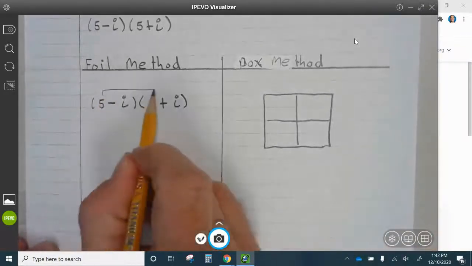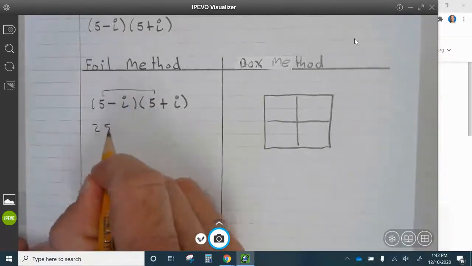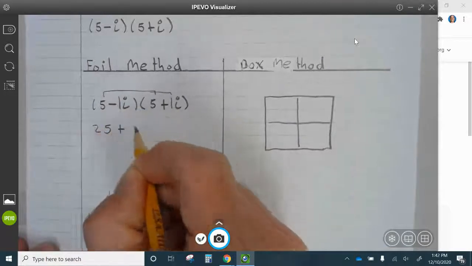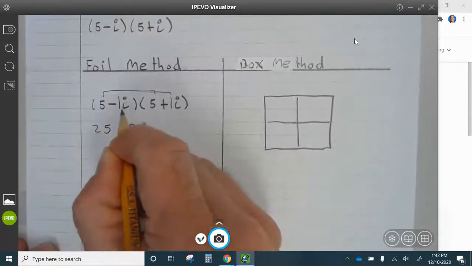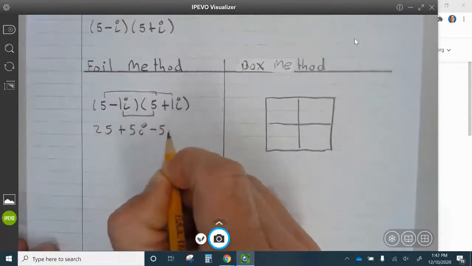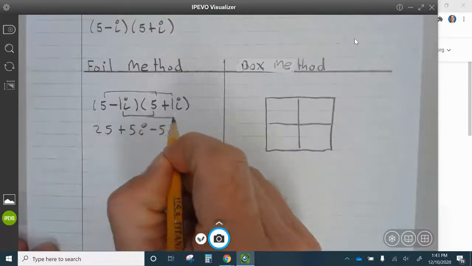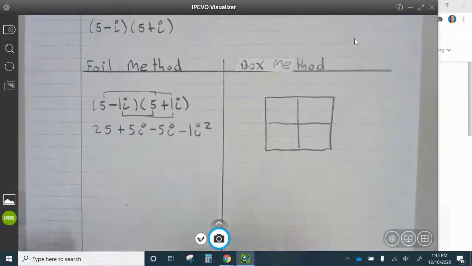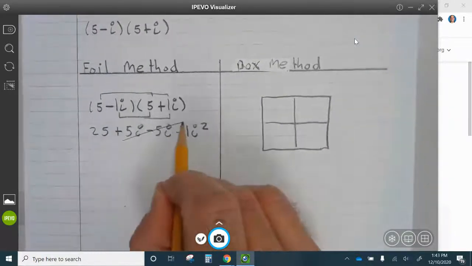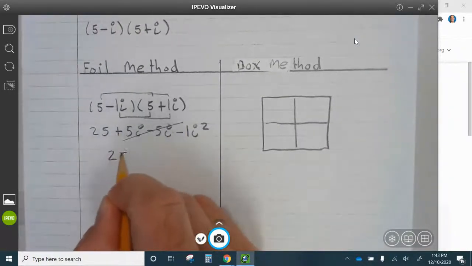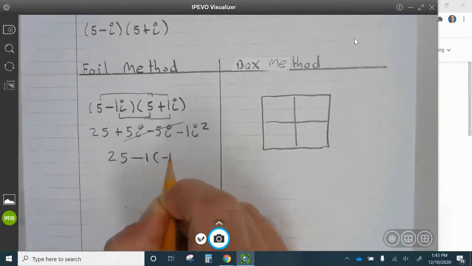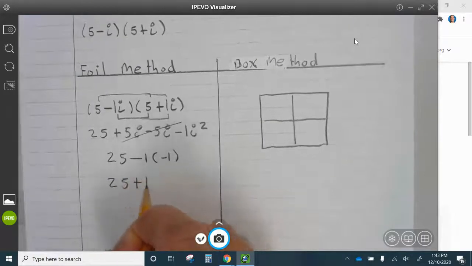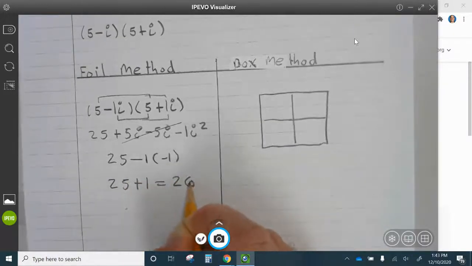So 5 times 5 is 25. 5 times i is plus, that's a 1i, that's a negative i, so plus 5i. Negative 1i times 5 is minus 5i. And then negative 1 times 1i is negative 1i squared. Well, 5i minus 5i cancels, so you're left with 25 minus 1 times negative 1, which is 25 plus 1, which equals 26.